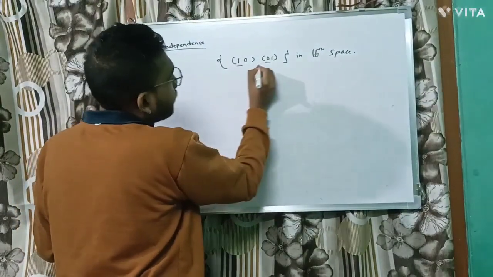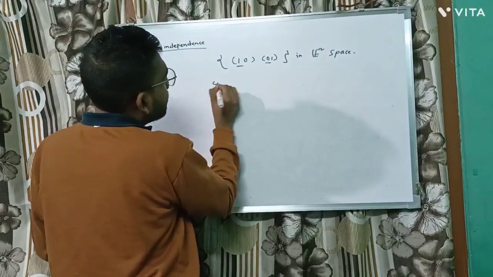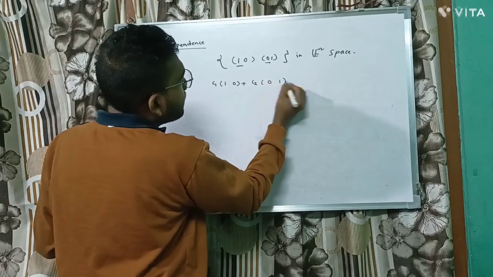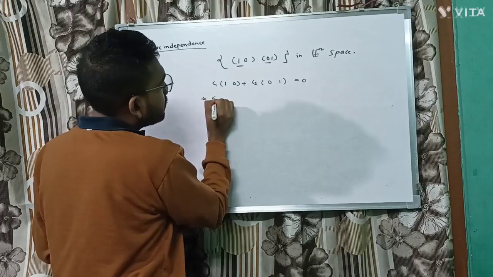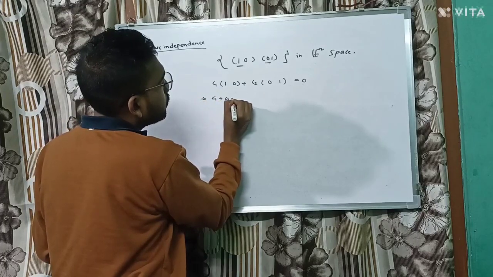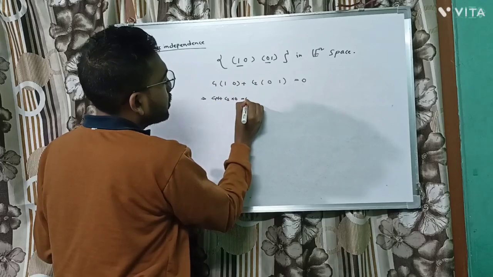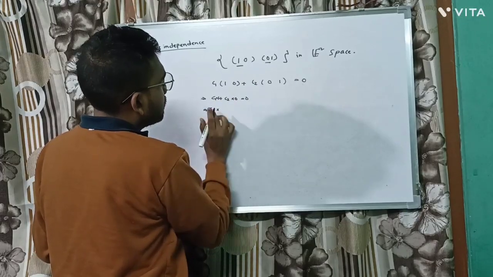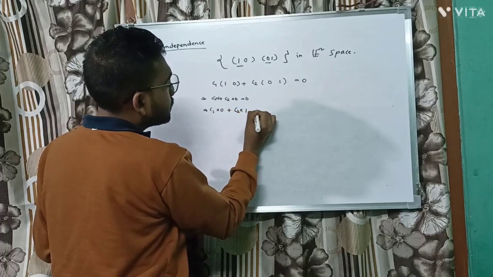If they are linearly independent, they must satisfy the linear equation as this. So C1 into 1, 0 plus C2 into 0, 1 is equal to 0. That is, C1 into 1 plus C2 into 0 equals 0, and C1 into 0 plus C2 into 1 must be equal to 0.